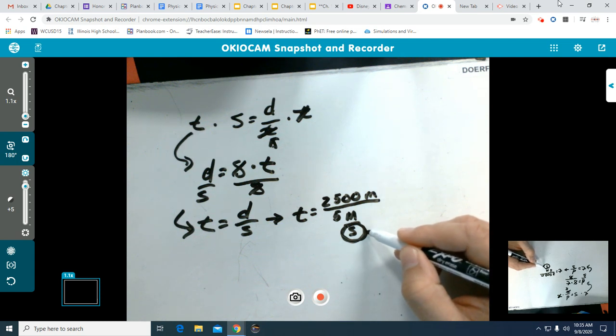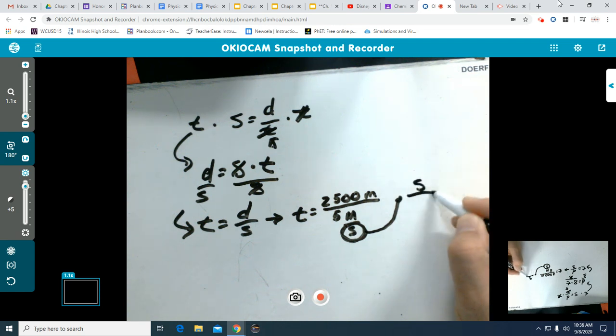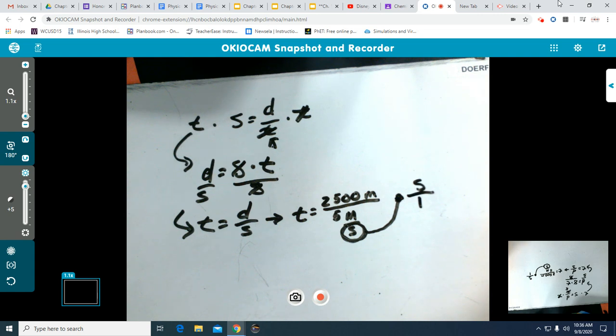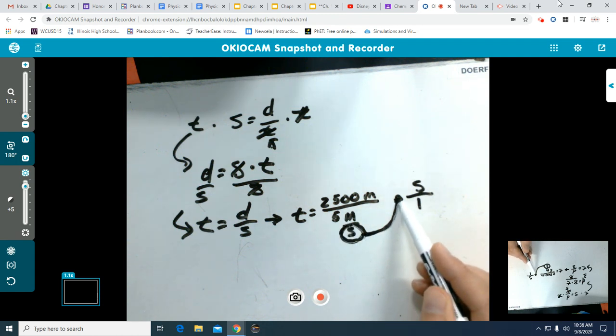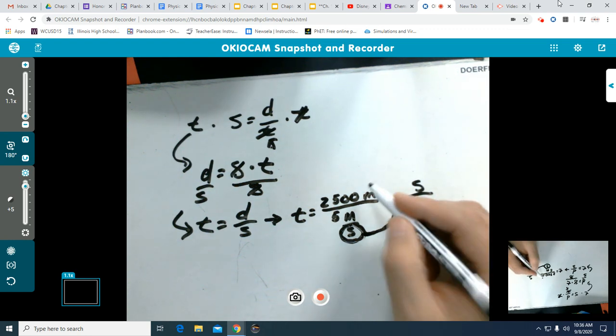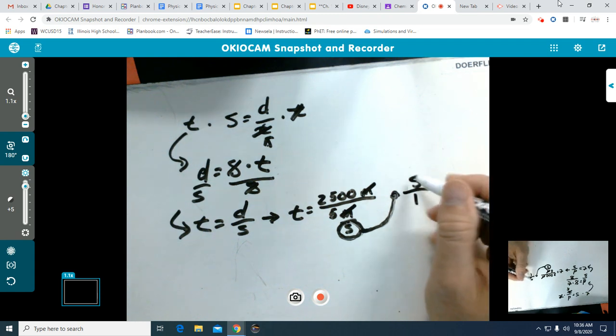So we can't have that second denominator down there. So we're going to basically remove it and move it up here to where you get seconds over number 1. I know it's a weird thing to see, but you can't typically have a denominator in a denominator. So it just gets the royal treatment and gets moved up here. And now, when those meters cancel out, look what's left as a unit.